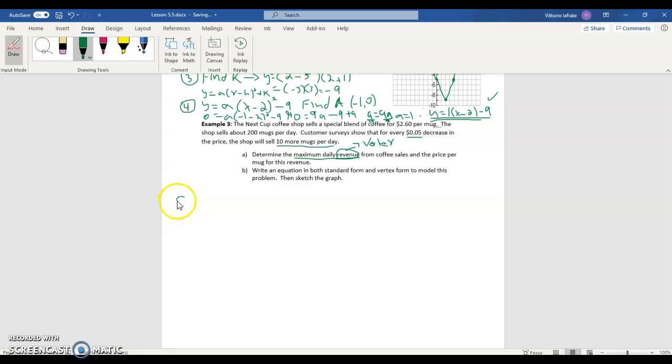So let's define our variables. For part A, let's define our variables. Let R be the total revenue, meaning how much we make.